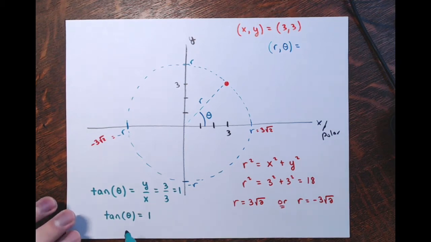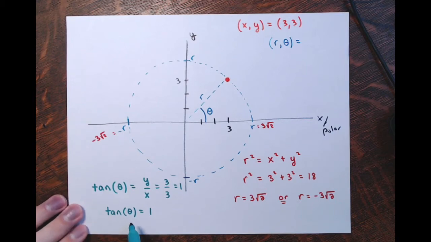So remember, these equations have infinitely many solutions. Theta could be pi over 4. The tangent of pi over 4 was 1, plus, and since the period of tangent was pi, I could take pi over 4 and add any multiple of pi, k times pi, where k is an integer.